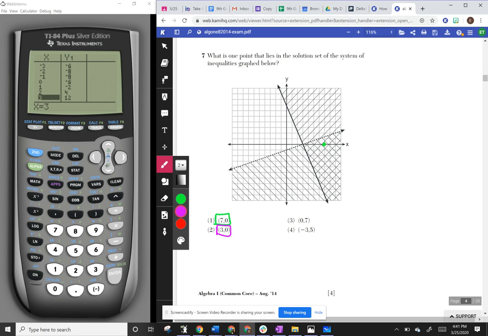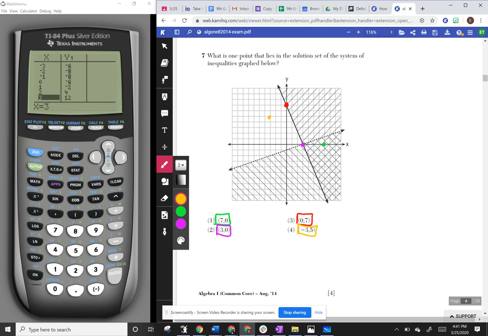We go 3 on the x-axis. We don't go up or down because y is 0. We got (0, 7), so we don't move on the x-axis, but we move 7 on the y-axis. So 1, 2, 3, 4, 5, 6, 7. And last but not least, we got (-3, 5). So I'm going to move negative 3 in the x and positive 5 in the y.